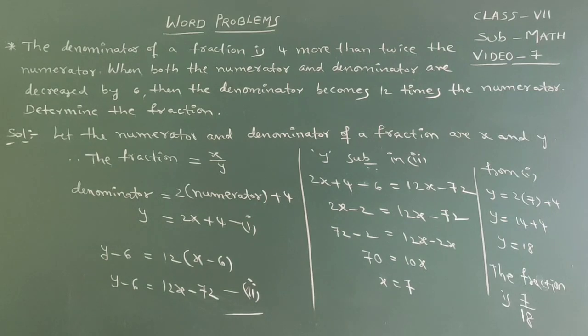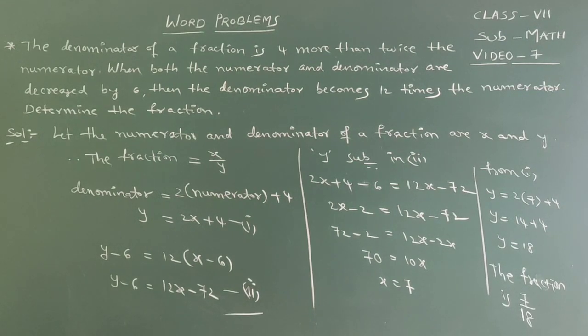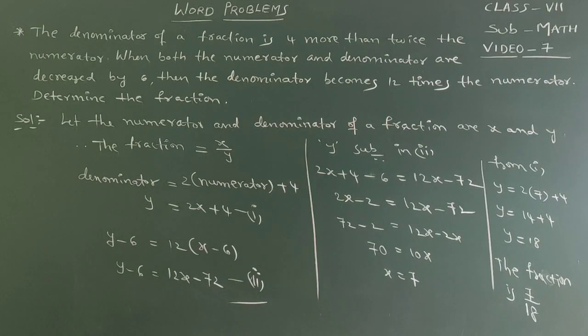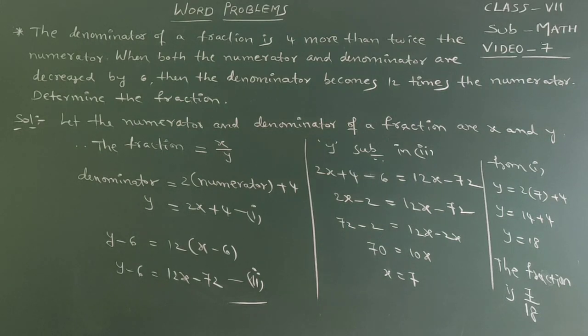When both numerator and denominator are decreased by 6, then the denominator becomes 12 times the numerator.